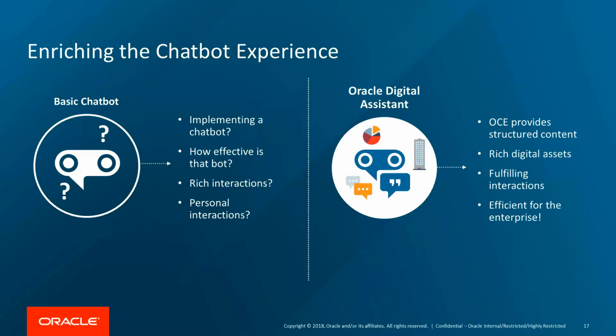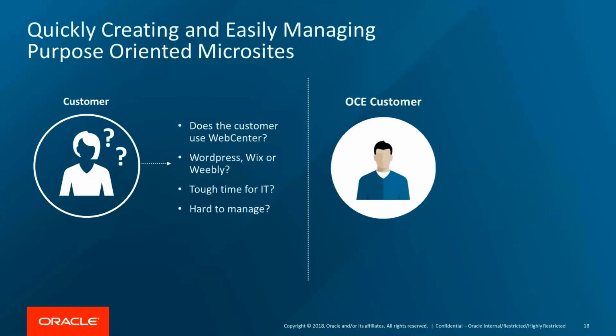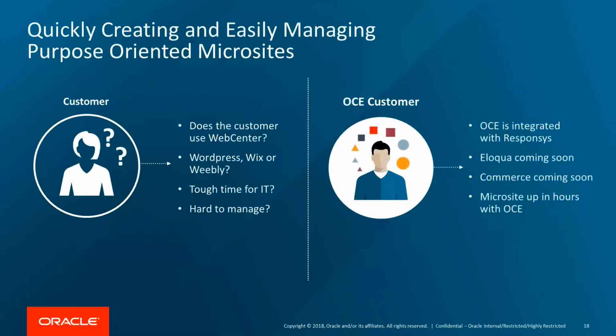The second use case is a really great story, especially for those Web Center customers: quickly creating and easily managing purpose-oriented microsites. You may have a customer already on Web Center or any of the CX products, or they might use WordPress or Wix, and IT has to go through those updates. It becomes a hard thing to manage, and it's a continual item. With OCE, we have a lot of integrations. We're already integrated with Responsive, and Eloqua and Commerce are just now coming out.